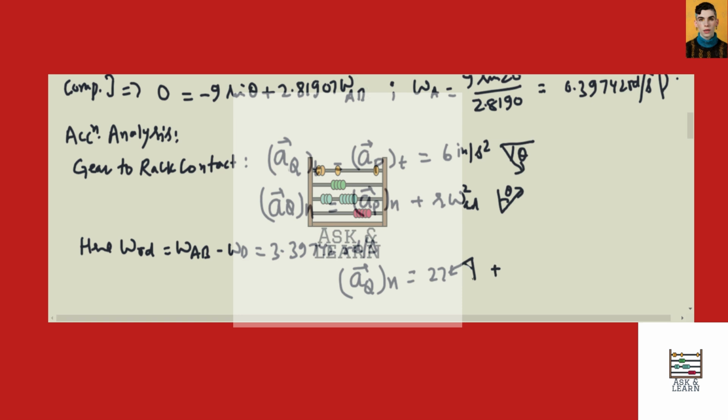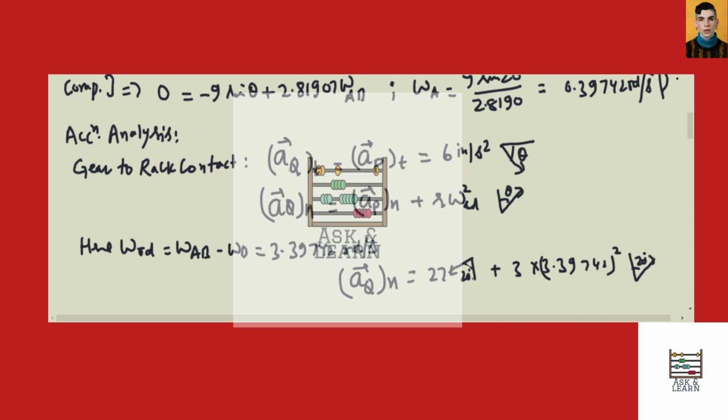Theta is 20, so you may write 3 into 3.39742 square, 20 degree.